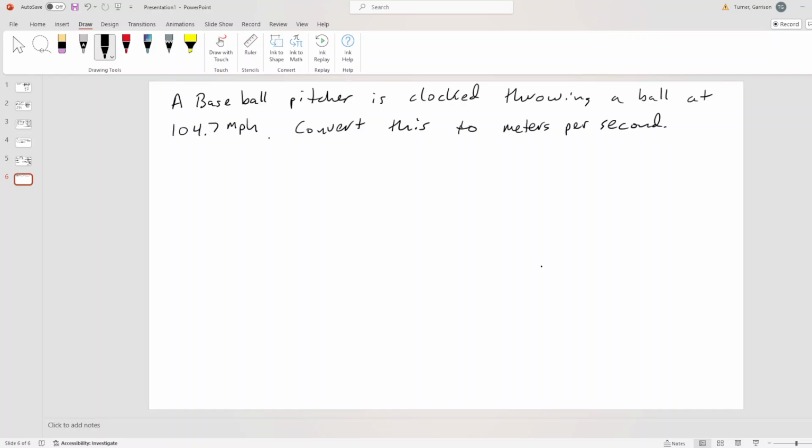This is a world-class pitch. This is an Aroldis Chapman type pitch.